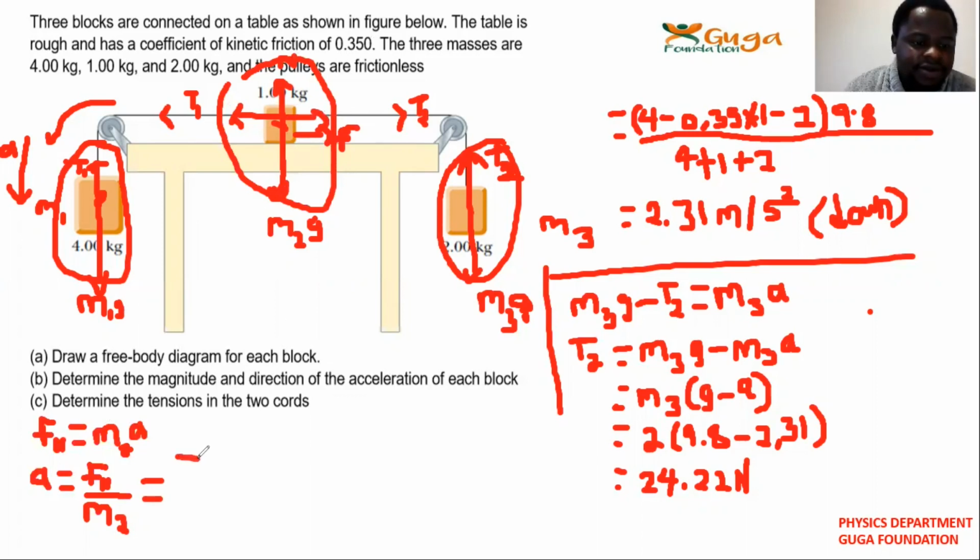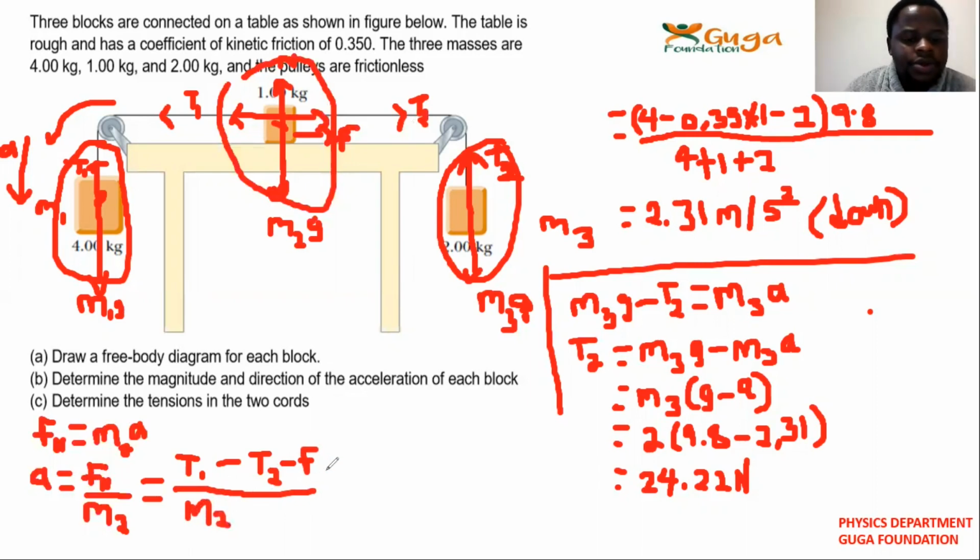You can have T1 minus T2. T2 is this one. And remember, you've got a friction here which is in the same direction as the T2. So you must subtract the friction, right? You should subtract the friction all over by M2.